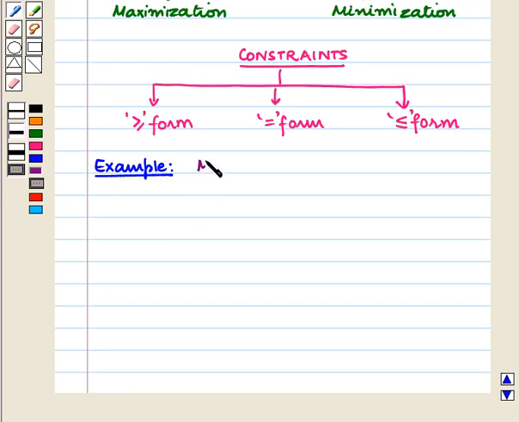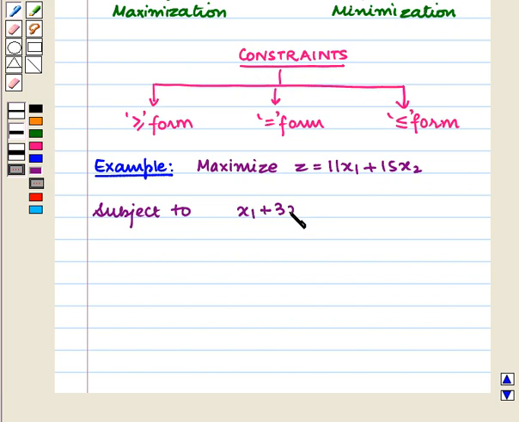For example, maximize z equal to 11x1 plus 15x2 subject to x1 plus 3x2 is less than equal to 6, minus x1 plus 3x2 is greater than equal to 3, x1 is greater than equal to 0 and x2 is greater than equal to 0.